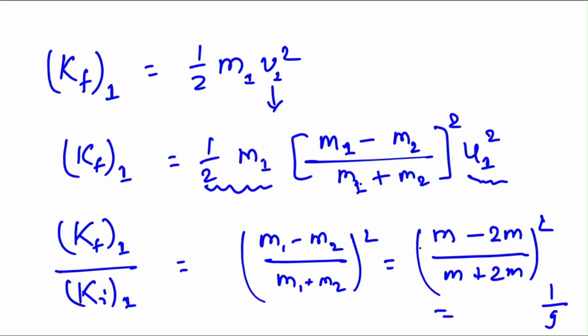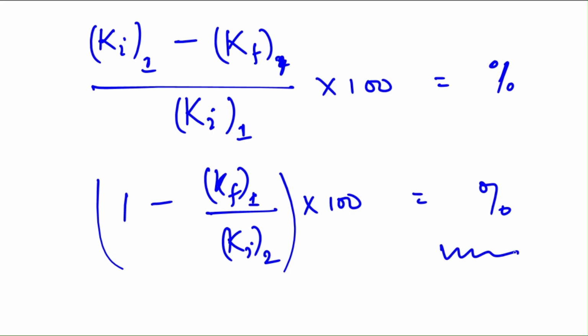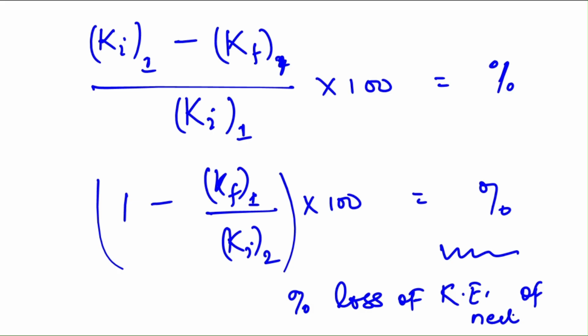Okay, so you can solve it by yourself, because this ratio we have already here. Look, we have already here 1 by 9. So what you can do is write the conclusion. So ultimately you will get the percentage loss of kinetic energy of neutron. And if this is elastic collision, the same amount of kinetic energy is going to appear in deuterium nucleus.